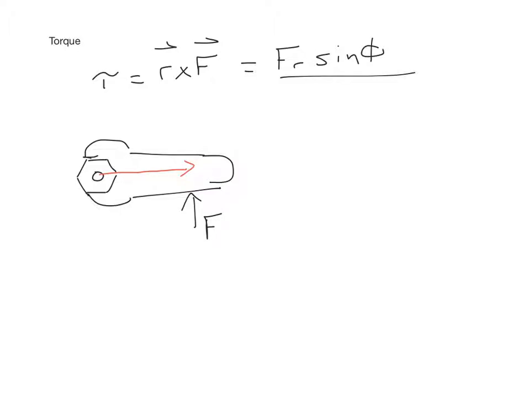It's more important to realize that for a cross product, what has to happen is that you either have a force that is perpendicular to a radial distance, or a radius perpendicular to a force. I'll try to explain the difference there.